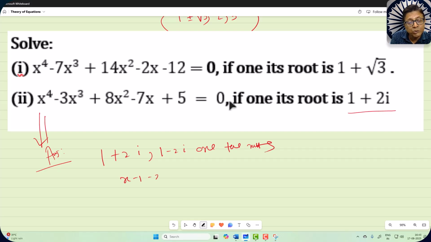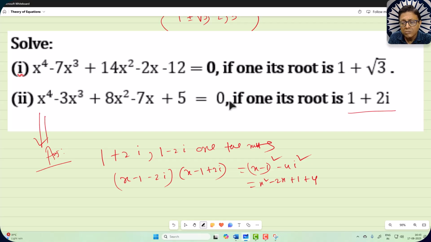Then x minus 1 minus 2i times x minus 1 plus 2i, this product is x minus 1 whole square plus 4, which is x square minus 2x plus 5, and it must divide the polynomial.